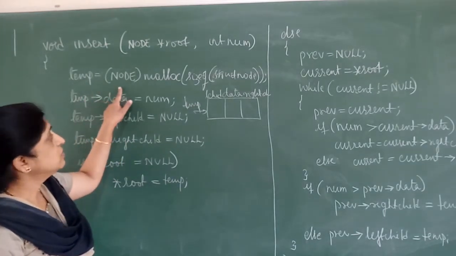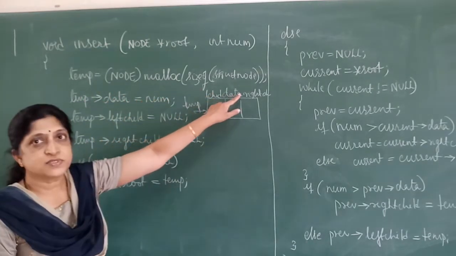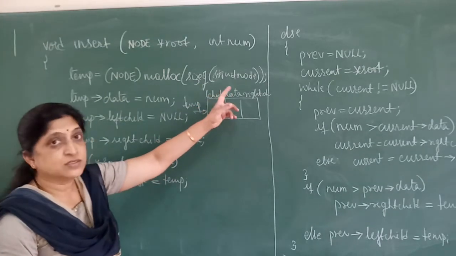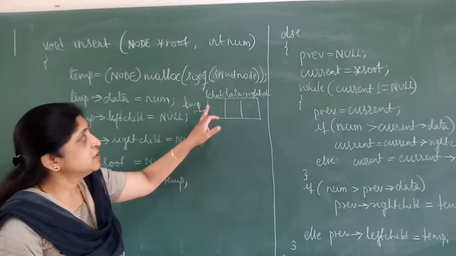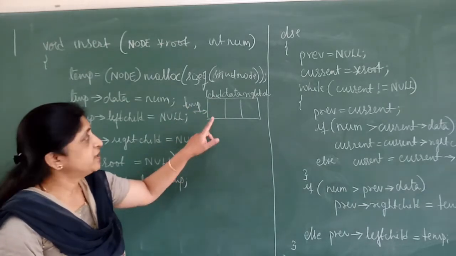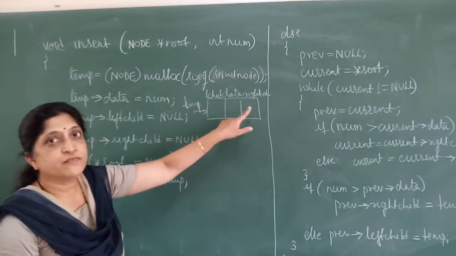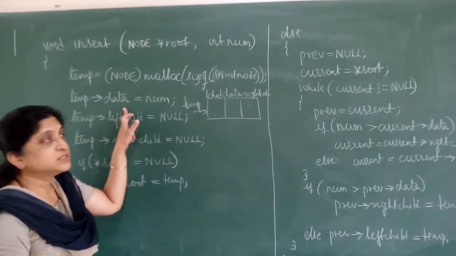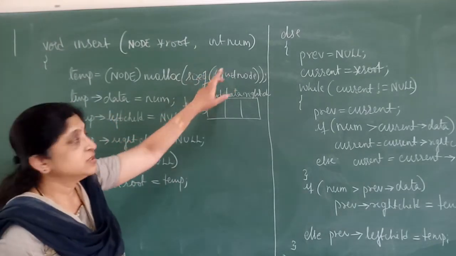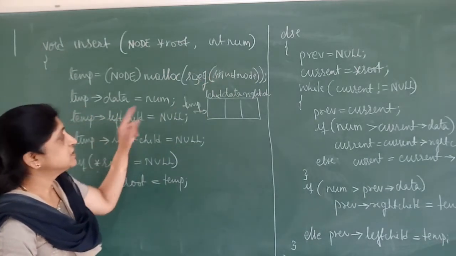So temp is equal to node malloc sizeof struct node. We have to define the structure node before performing this operation. Then the memory gets allocated like this, wherein we have a left child field, data field, and a right child field. Then I want to write into the data field. What is it that I want to write? Num. That I have written: temp data is equal to num.